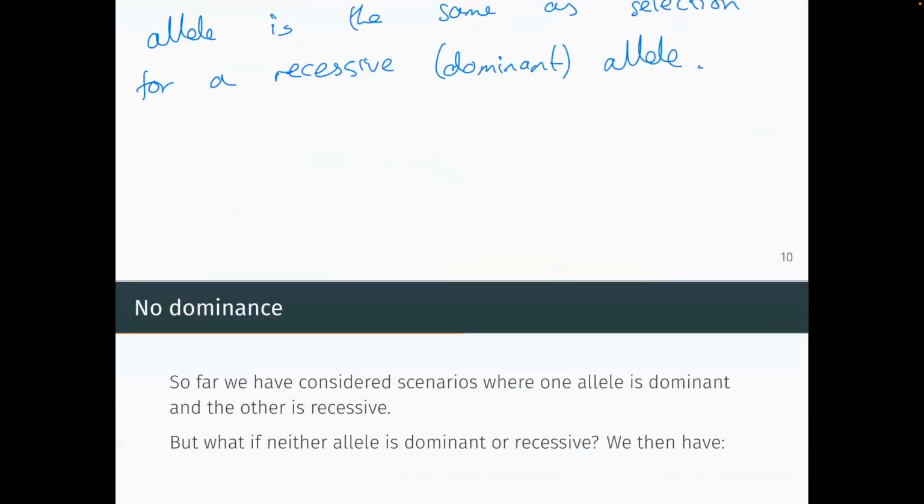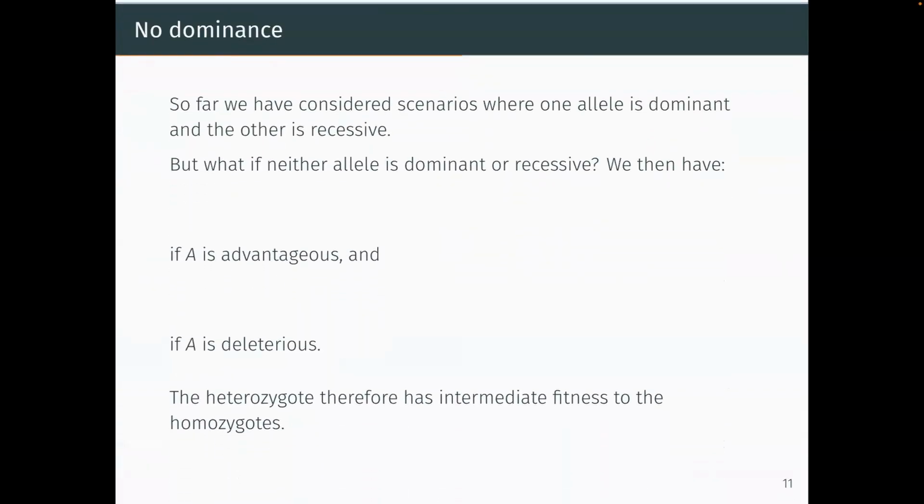Okay. The last thing we're going to do in this first part of today's lecture is thinking about what happens if there's no dominance. So we've just considered today these examples where big A allele is dominant or recessive. But if neither allele is dominant or recessive, then we usually refer to this as having additive effects.